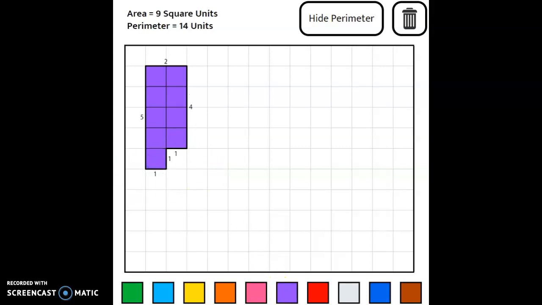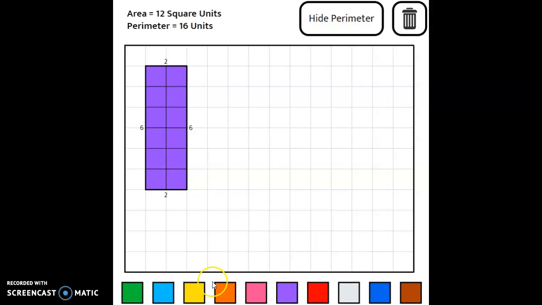I'm looking for my area to be 12. So I'm at 10 right now. Okay, so I have an area of 12. I know that 6 rows of 2 equals 12. I can also see, I can count my square units. 1, 2, 3, 4, 5, 6, 7, 8, 9, 10, 11, 12. I see that there's 12.